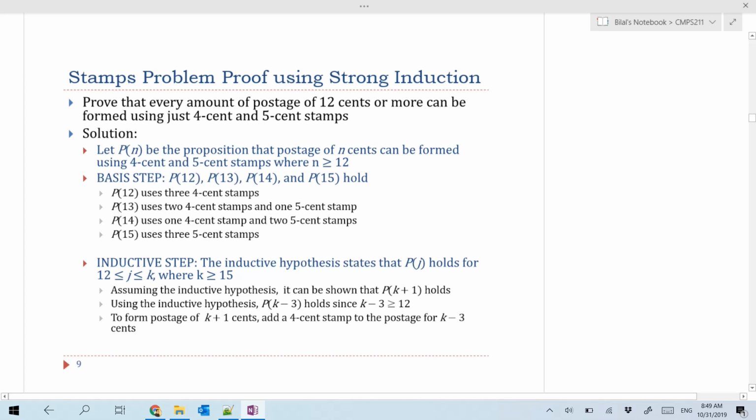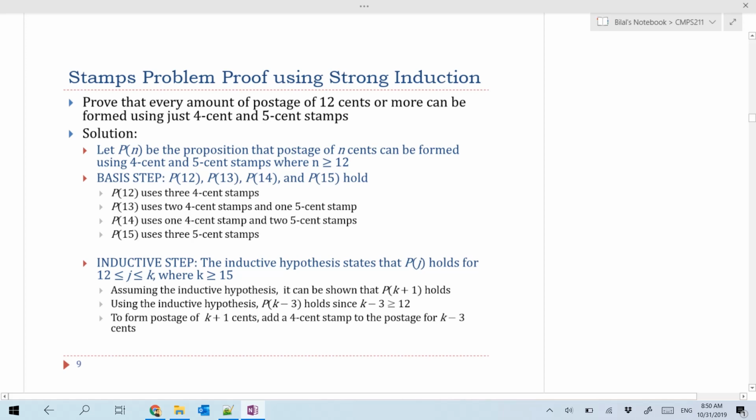But how to prove it actually? If you start checking the first cases, for 12, for example, you can use 3 4-cent stamps to create this 12 cents value, okay? And you can use 2 4s and 1 5 for 13. So 2 4s, it's 8 plus 5 equal to 13, okay?